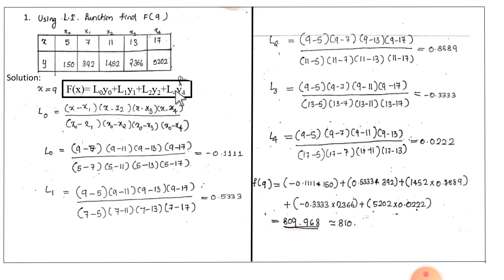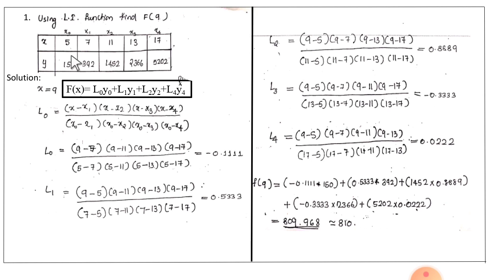L0 can be found by using the equation, this one. So substitute the values of x, x1, etc. So this is x1, x2, x3, x4, x5. Substitute the values here in L0, then L1, L2, L3 and L4. You have to find the values of L0, L1, L2, L3, L4.